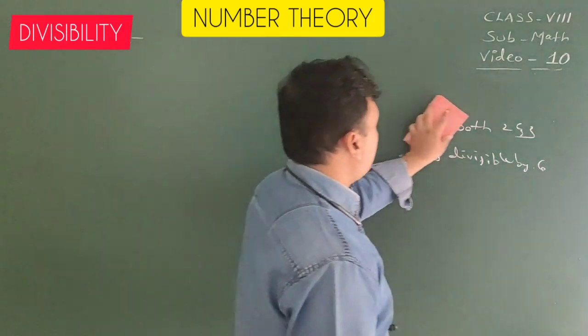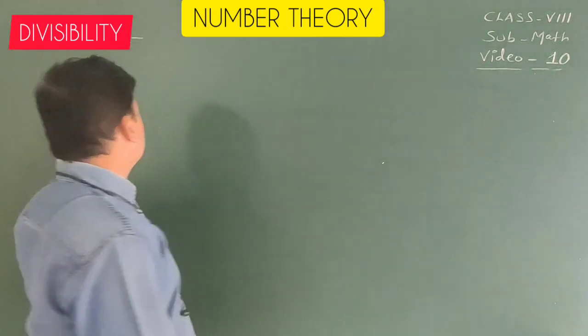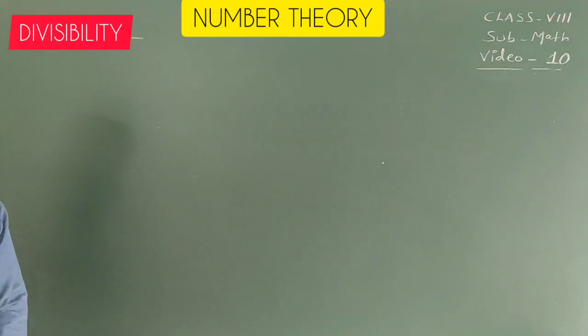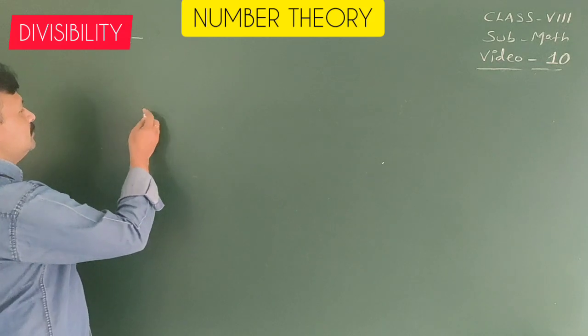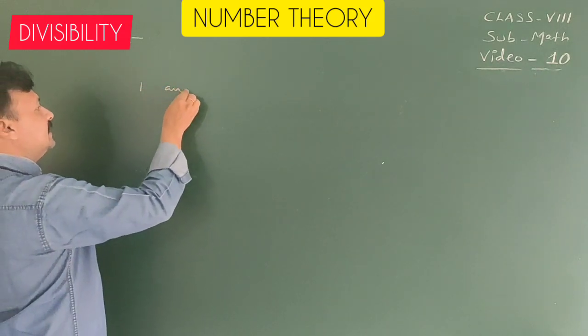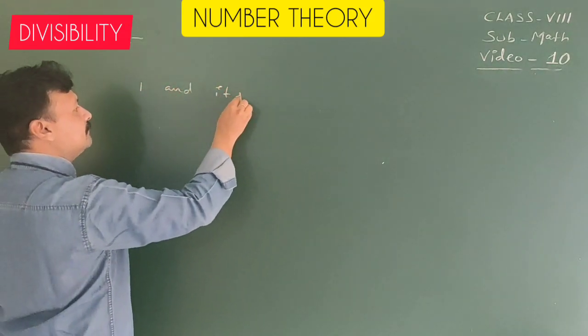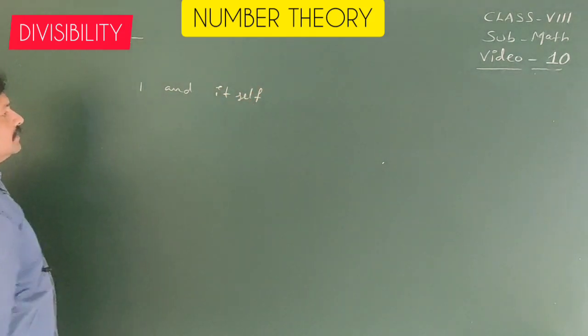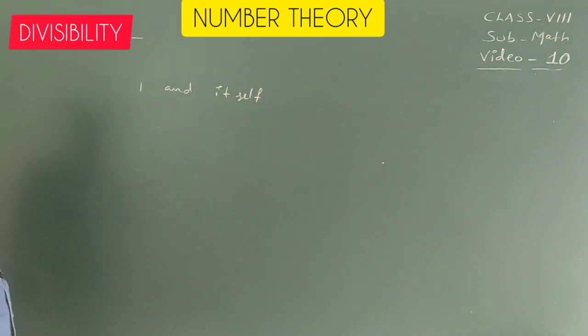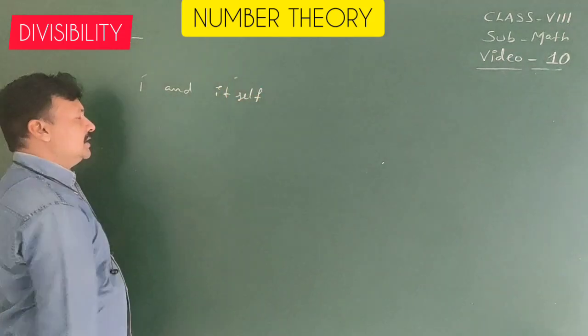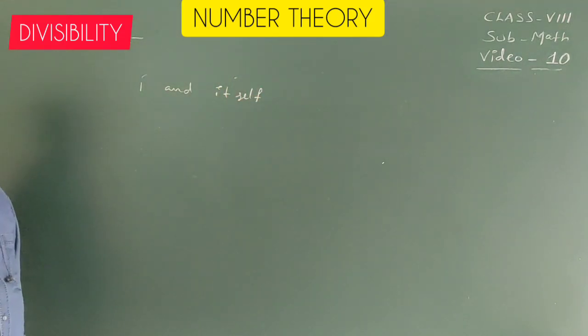Here, what are prime numbers? A number is said to be prime if it is divisible by 1 and itself only. Okay, if the number is divisible by 1 and itself only, then the number is treated as a prime number.